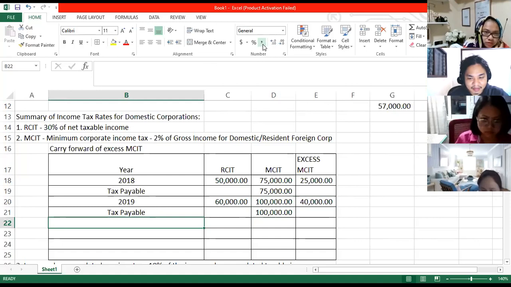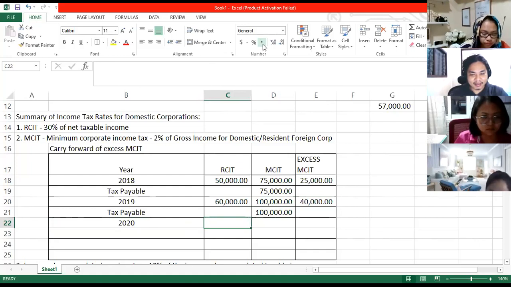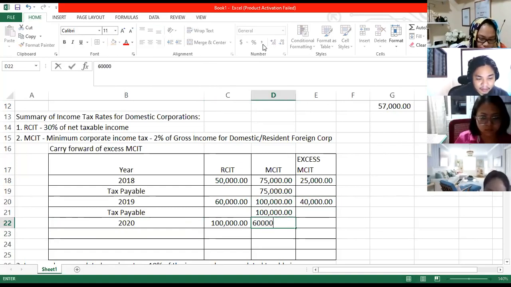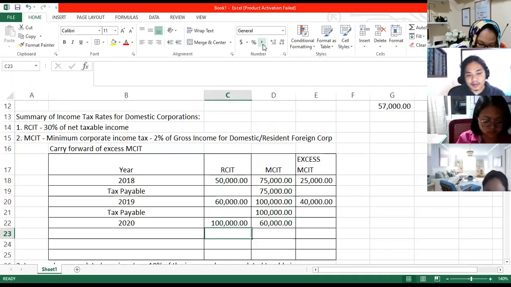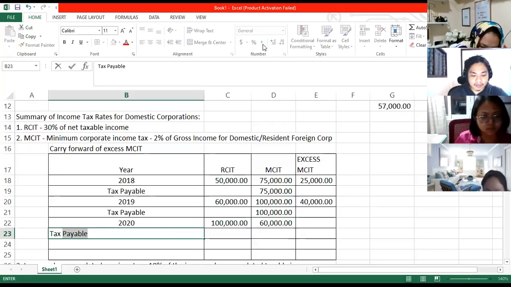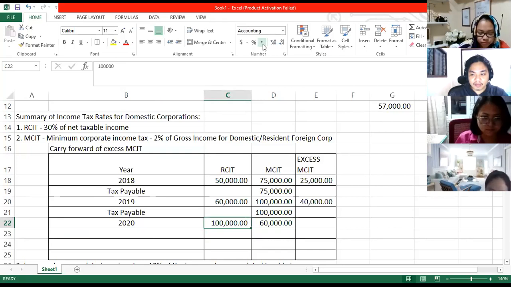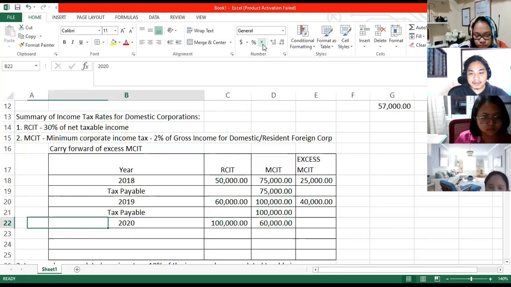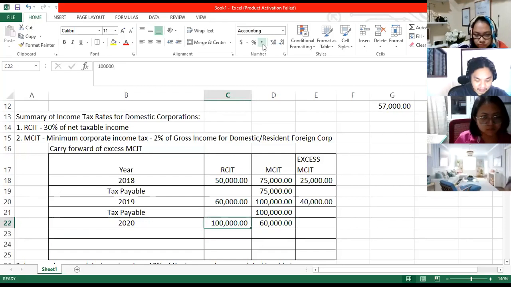Now, let's go to year 2020. Let's say 100,000. Yung MCIT natin, 60,000. Okay? Now, in this particular case, nag-iba ang ihip ng hangin. Tama? Ang mas mataas is the RCIT than the MCIT, right? So, magkano supposedly yung tax payable natin dito, Miss Tripoli?